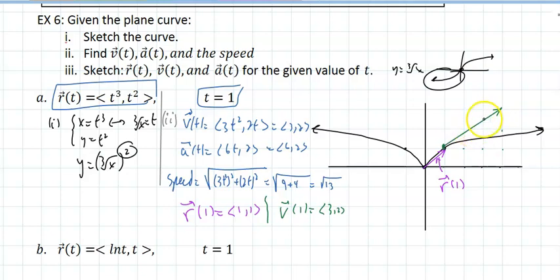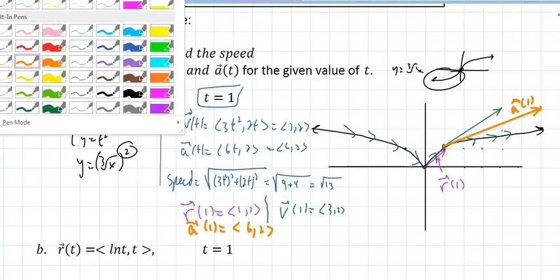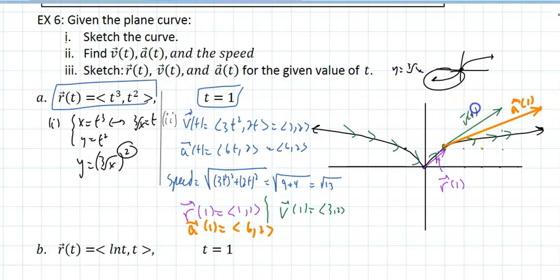Do you see which direction is the velocity? That tells me the direction of the curve. I could pick different values of t, but that's one way of figuring that out. And if I want to figure out the acceleration, that was (6, 2). From this point, 6, there's the acceleration. That's velocity. And there it is.